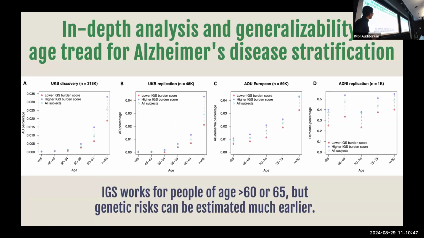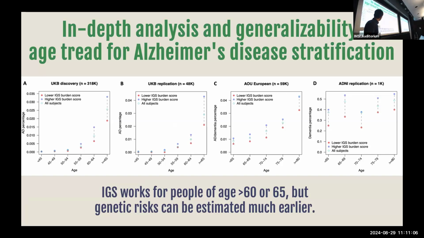For example, the first one is we know these genetic scores will not change in your life, right? Because those are genetically imputed traits, and the genetic risk mostly will not change in your life. Then we want to understand at which age it will work.